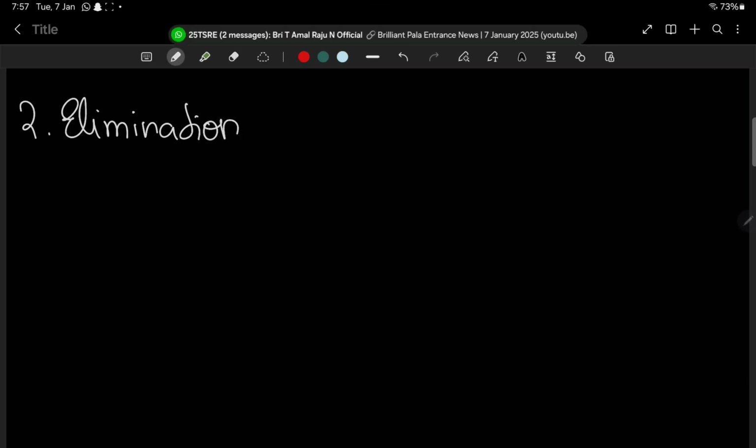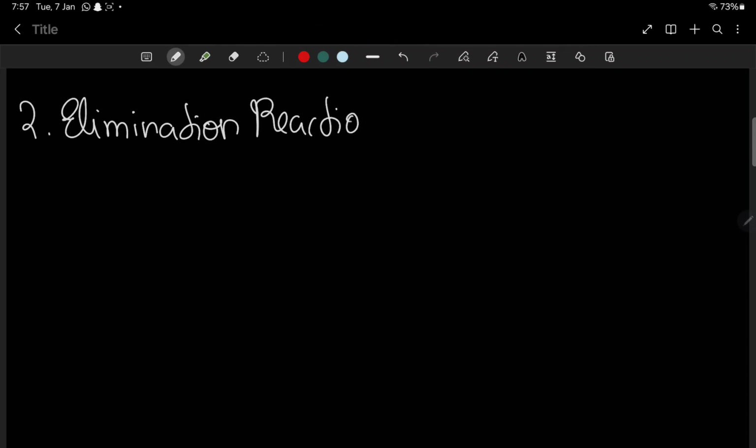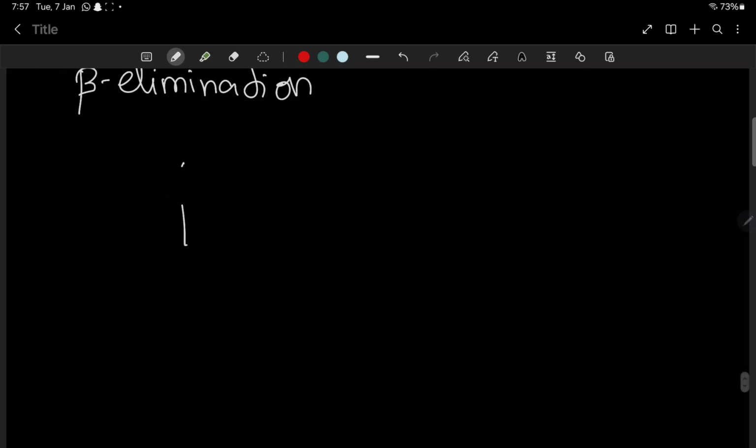Now the next thing is elimination reaction. Beta elimination of beta hydrogen. I'll just explain. Look, when we are using a base, in the presence of a base, we are heating a compound.